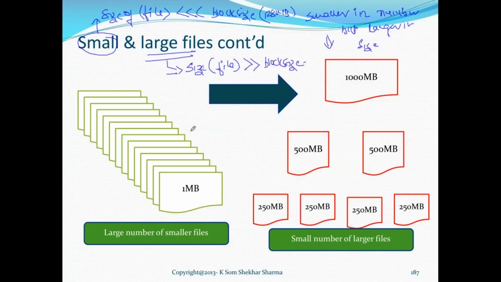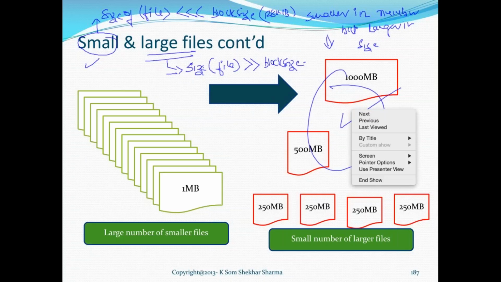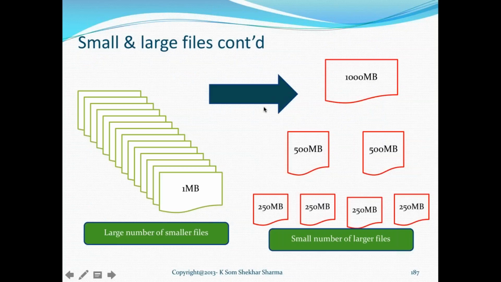That's why Hadoop is not efficient for storing smaller files, but is efficient for storing a small number of larger files, which are smaller in numbers, larger in size, rather than a large number of smaller files.